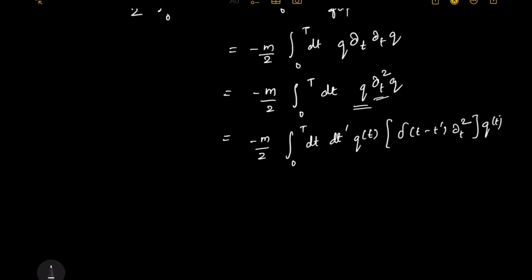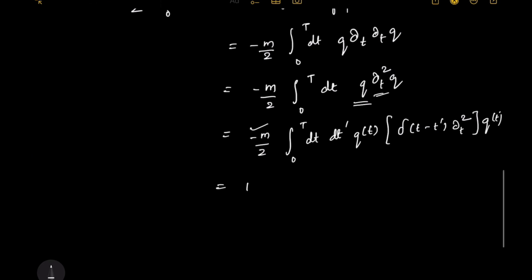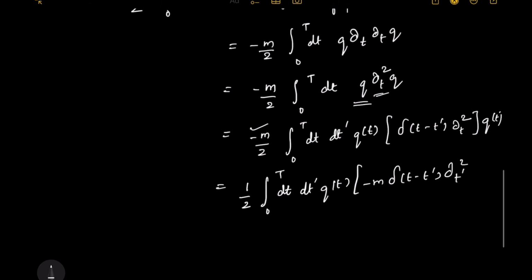I have introduced the delta function. Now I can include this minus m also inside the bracket. Then I get half integral 0 to t dt dt' q(t) times [−m δ(t − t') d²/dt'² ] q(t').